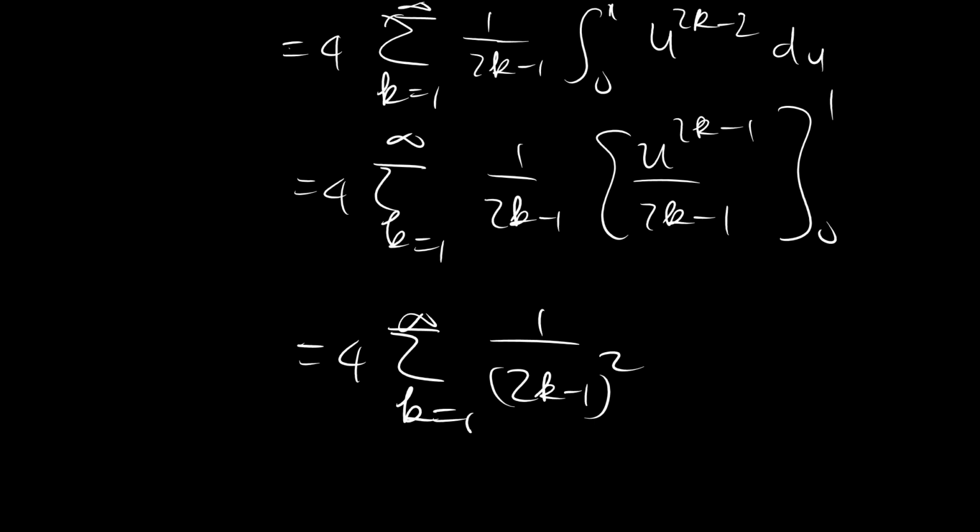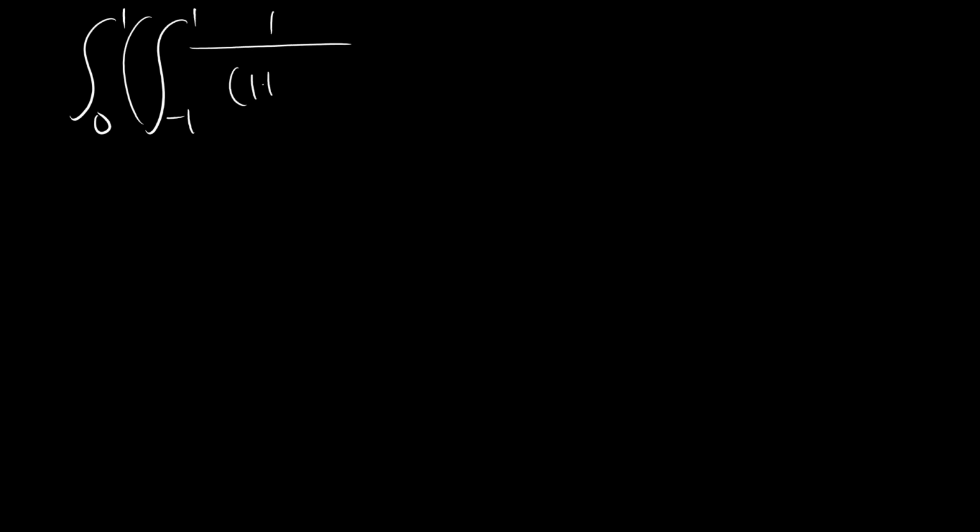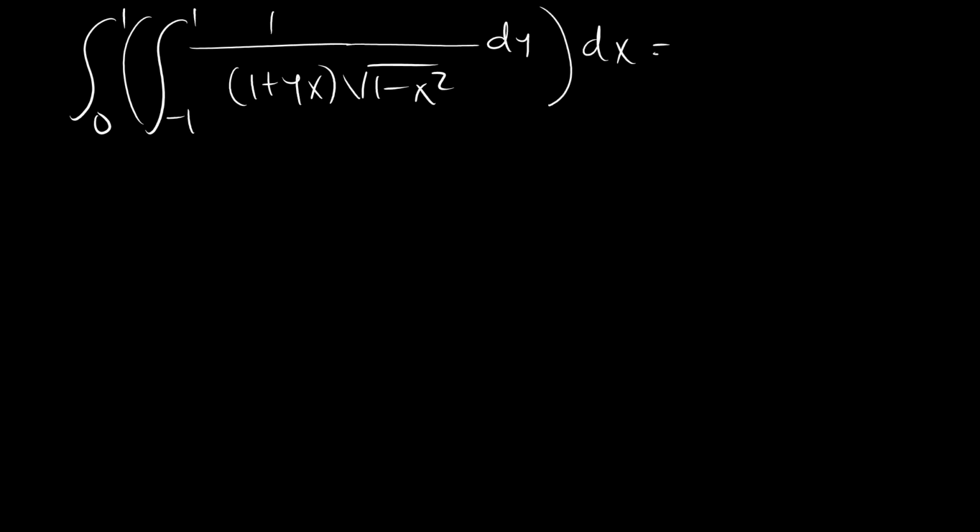So in other words, our problem, since we inverted the integral from 0 to 1, the integral from negative 1 to 1 of 1 over 1 plus x times the square root of 1 minus x squared, is equal to 4 times the summation from k equals 1 to infinity of 1 over the square of 2k minus 1.